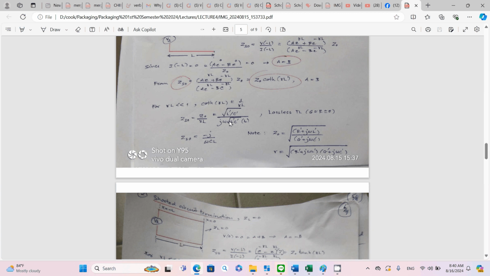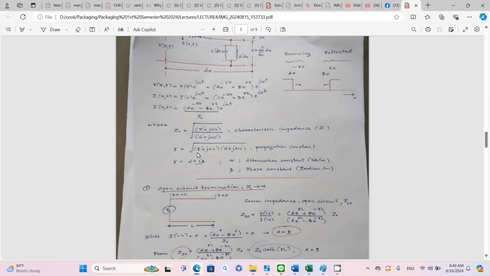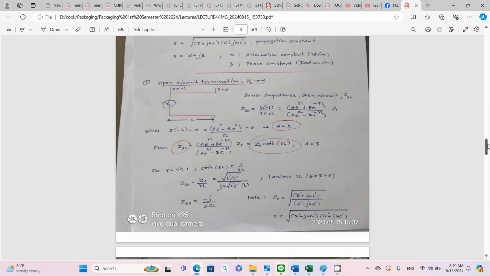Same for lossless transmission line. Your gamma was written here, where R prime and G prime are about 0, so you end up with J omega square root L prime C prime. Okay, so that's why you have J omega square root L prime C prime here, and L, which is the length of the transmission line.